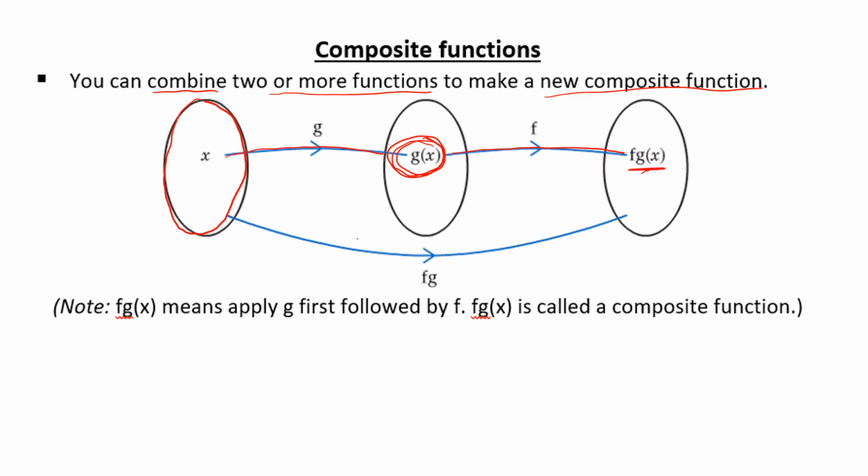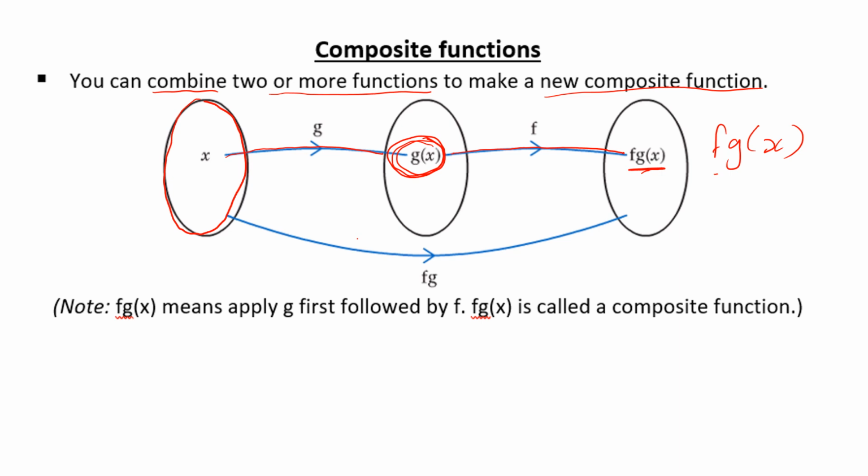So fg of x means that we are, first of all, performing function g to the x numbers, and then we are performing f to that. You can see there that the way that it's written is actually in the opposite order to the way that it was performed. Fg of x means that we do g to x first, and then we do function f.